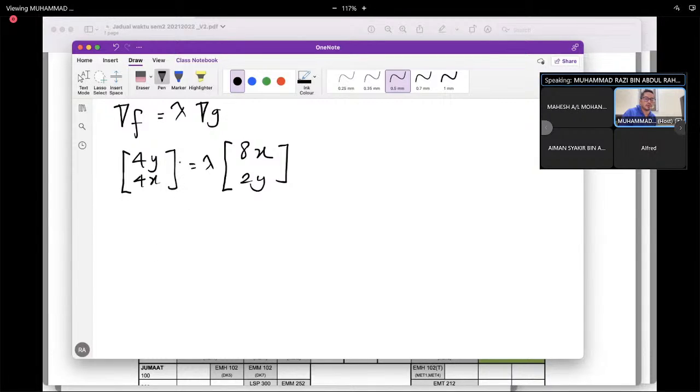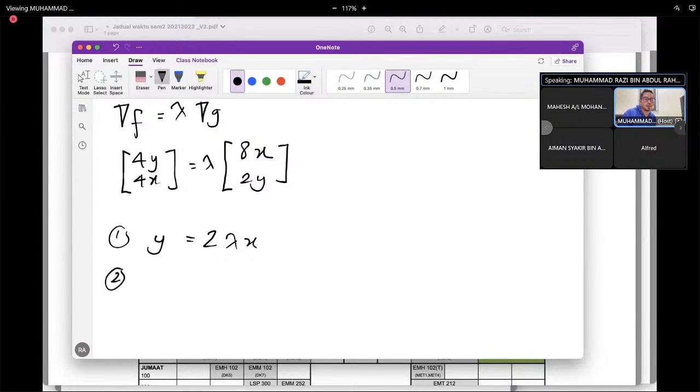So the first equation, I will already simplify this. I can just write y equals 2 lambda x, agree?